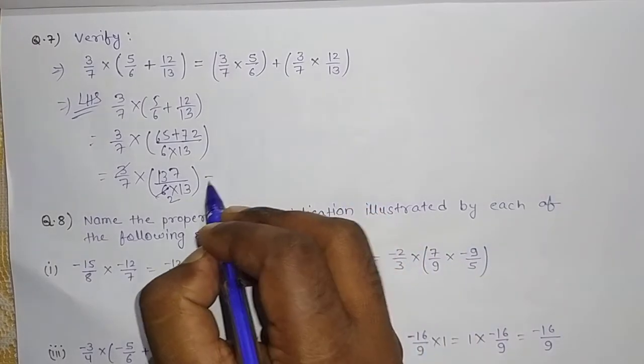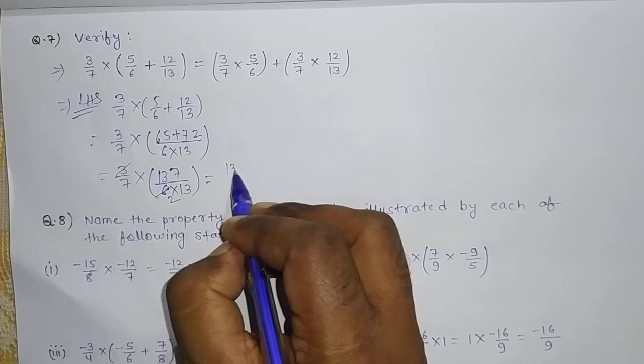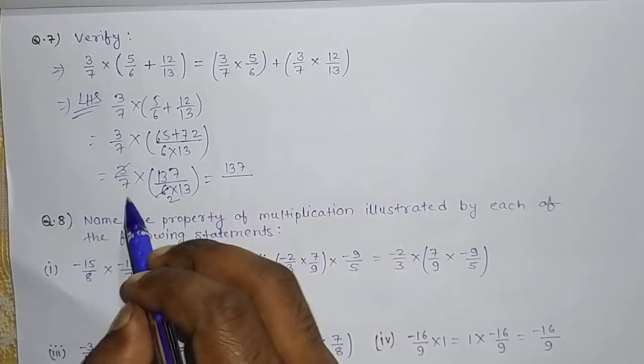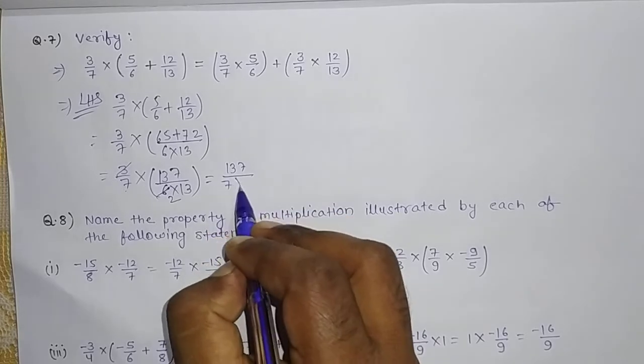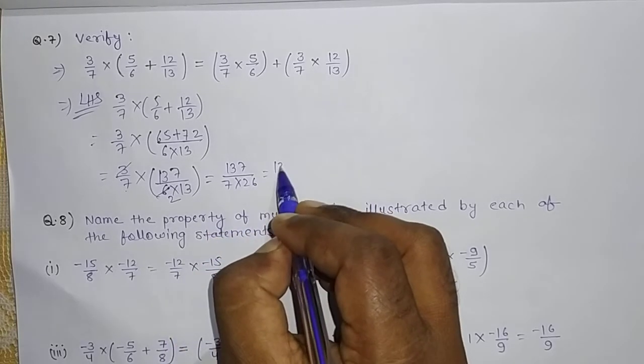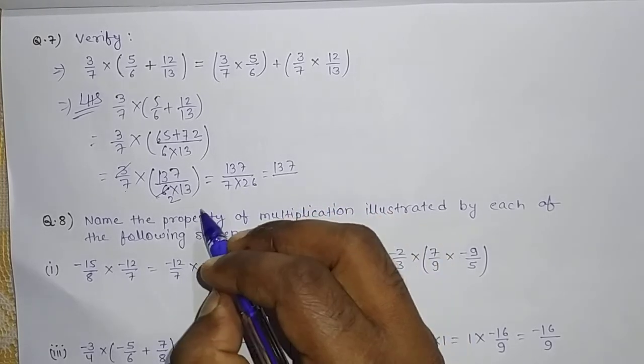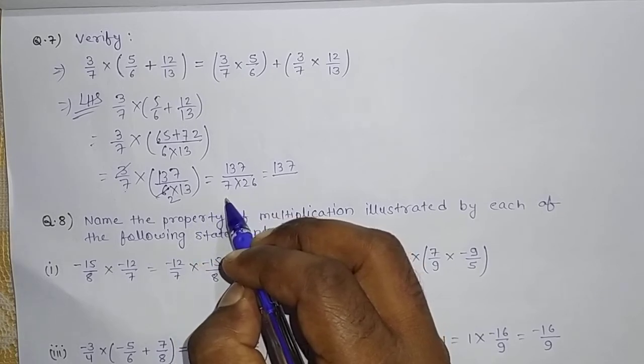So here we can write 137 divided by 7 into 13 into 2, that is 26. So here we can write 137 upon 7 into 26, that is 182.